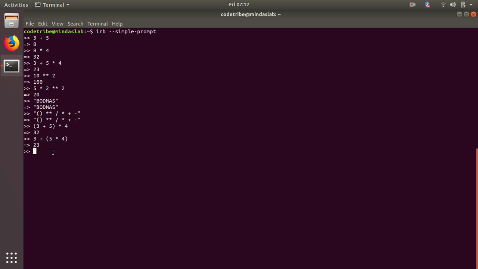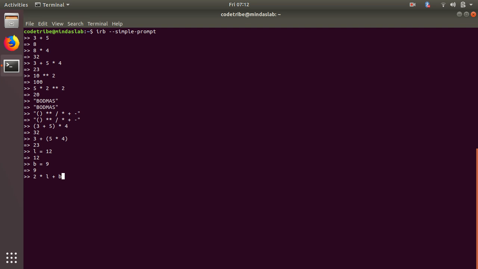Some other example. Say the length of the rectangle was 12 units and the breadth was 9. I'm putting length plus breadth, and in order to calculate the perimeter, it is 2 star L plus B, right?